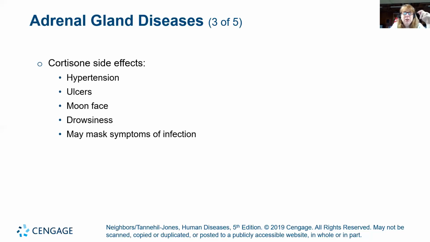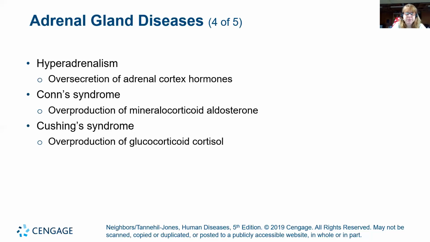The reason they only want to do that for a short amount of time is if there's something else brewing in you, the cortisone that you're taking for your sinus infection or your bronchitis may mask some other major infection. So that's why they only give short-term doses of cortisone.